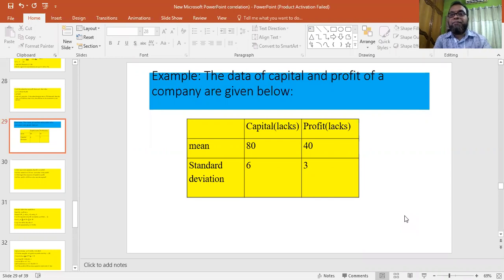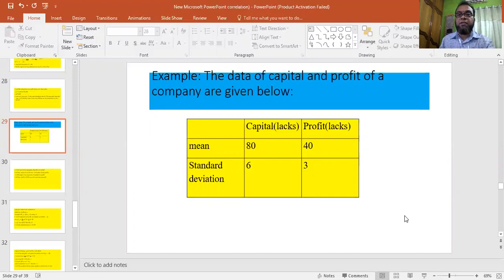You see an example: the data of capital and profit of a company are given below. Capital expressed in lakhs and profit expressed in lakhs, and the mean and standard deviation of both of them are given.